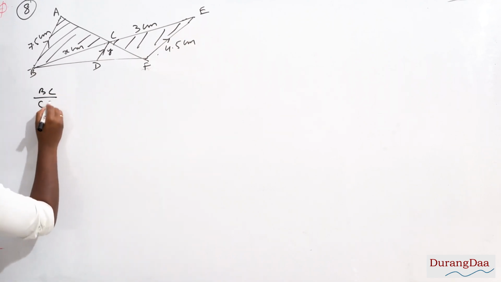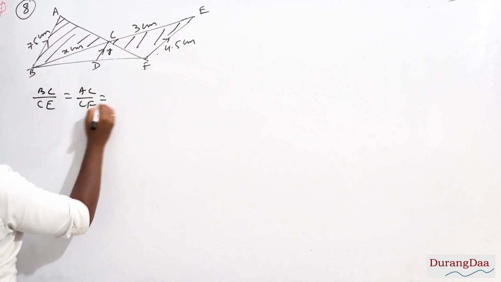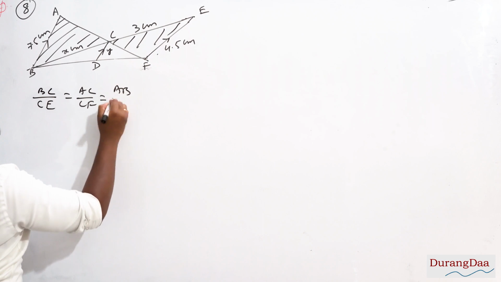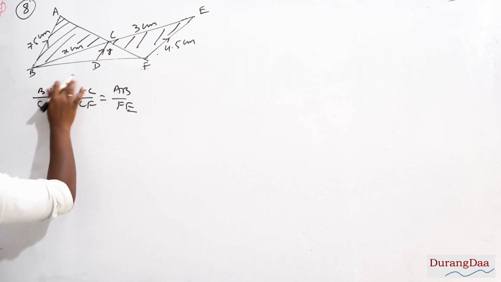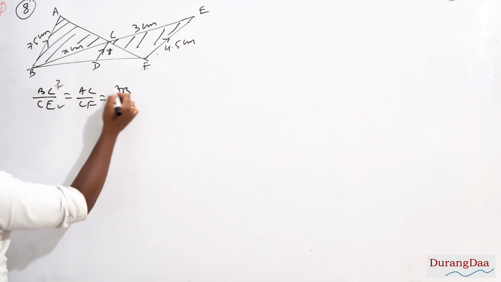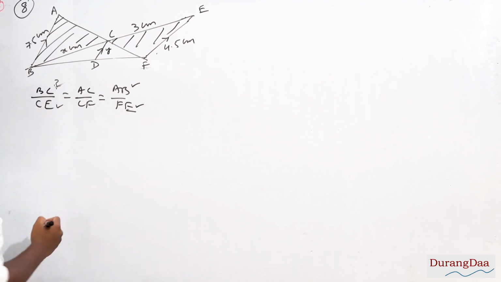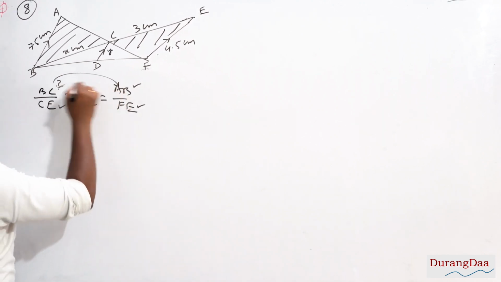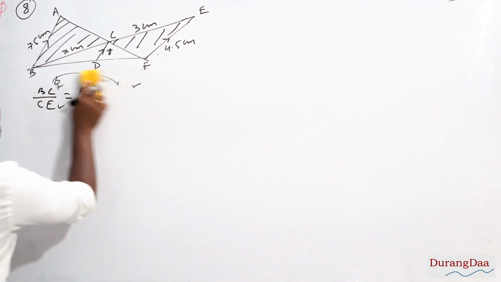BC by CE would be equal to AC by CF equals AB by FE. Now you just check, BC we have to calculate, CE is given, AB is given and FE is also given. That means if I solve these two, easily we can get the answer. So we will proceed by this method.